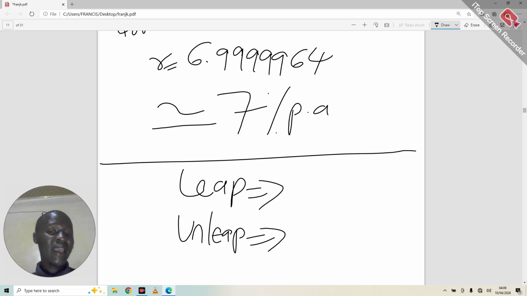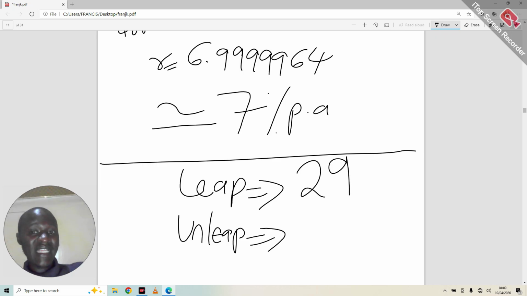And a leap year is a year that is divisible by 4, and we've said that a number is divisible by 4 if the last 2 digits are divisible by 4 or the last 2 digits are 0. Now, you'll get some years within a question, and some will be leap years, some will be non-leap years. So February has how many days when it comes to a leap year, guys? 29 days.